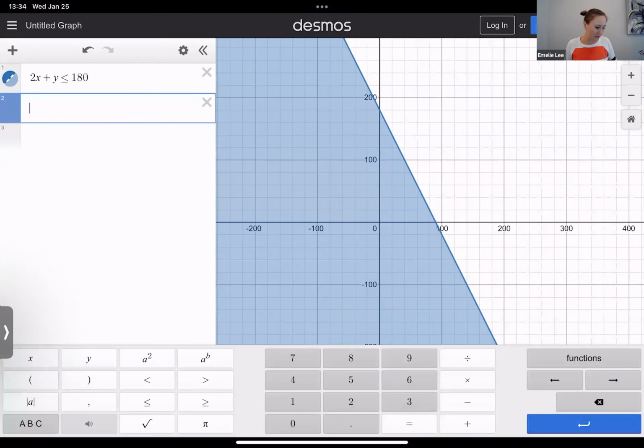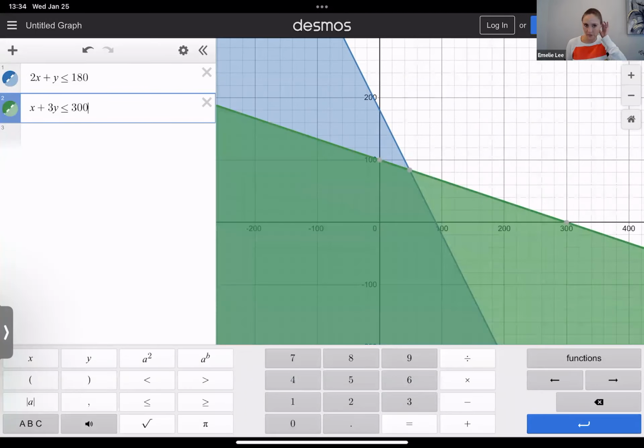Now, the next one is x plus 3y is less than or equal to 300.